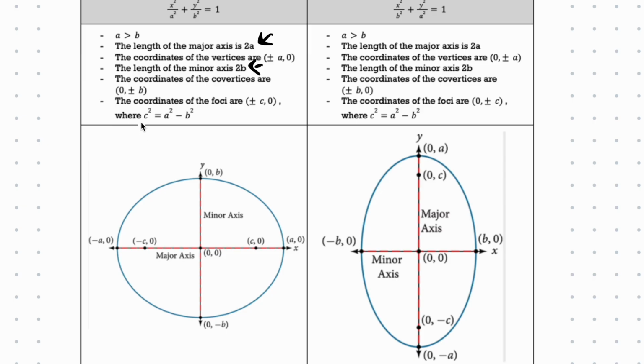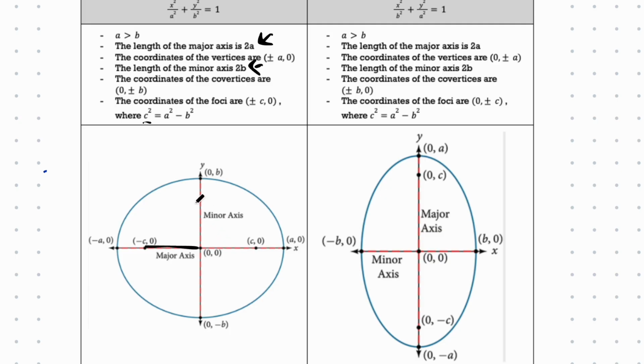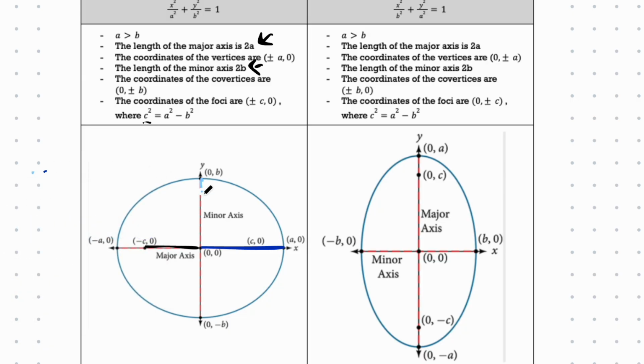So we also have this equation, c squared equals a squared minus b squared, and essentially what that means is our c value is going to be this length, and then our a value will be this length, and our b value will be this length.